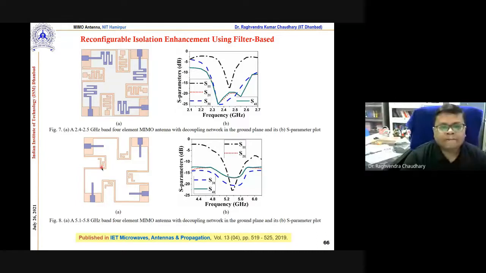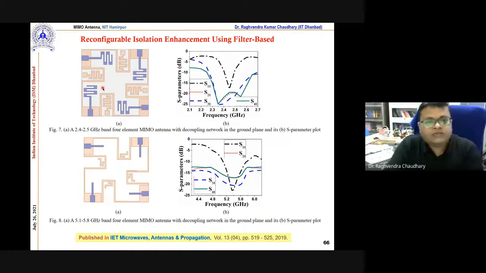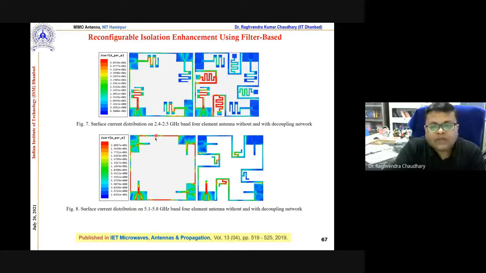Similarly, when I remove a certain part of the structure, the same structure works at 5.3 gigahertz with good isolation as well. So this decoupling is very fine here. This could be seen from the crosstalk when we don't have this decoupling network.